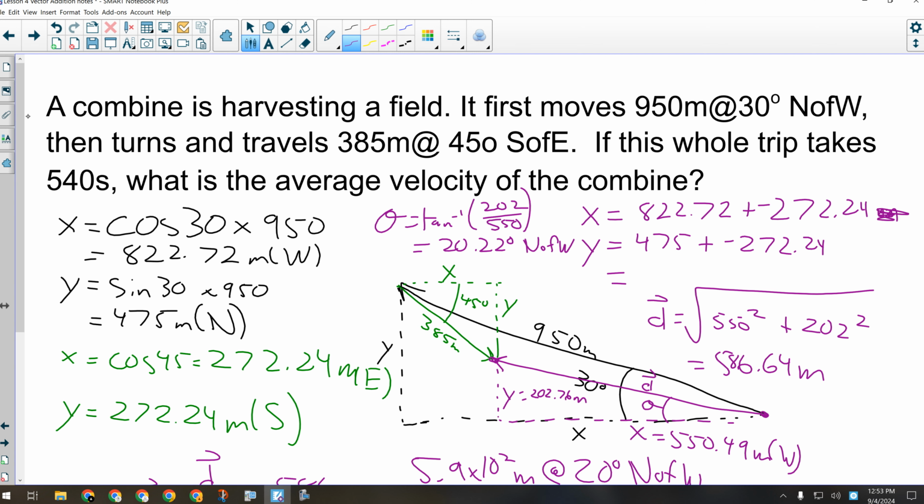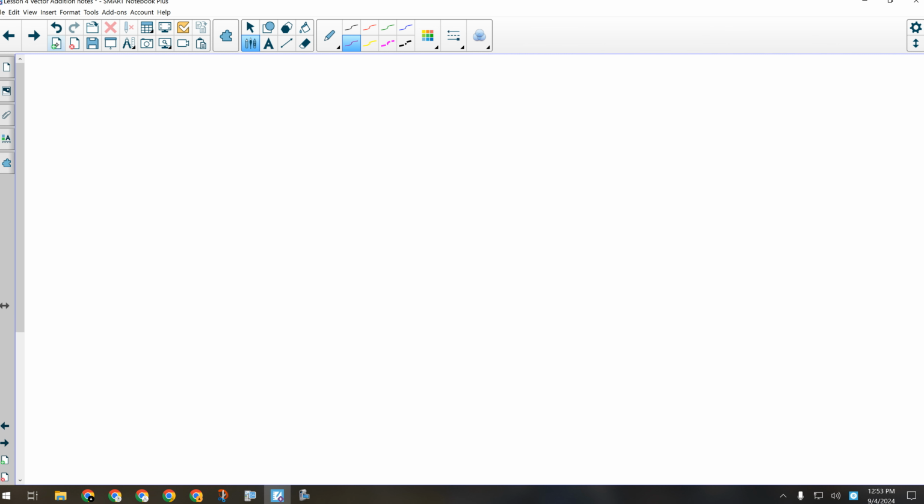All right, let me give you one that's more like what you would see on a unit exam. I'm just going to add these vectors. I'm not going to make up a context for this one, like a combine or a giraffe or whatever it was I did yesterday.